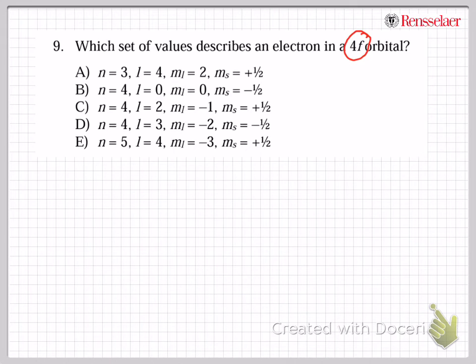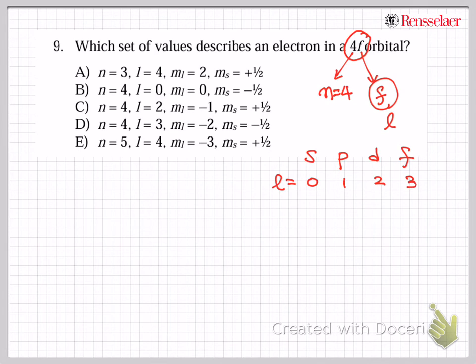When people write 4f, 4 means n is 4, and f represents the angular quantum number, which is called l, and there is a notation s, p, d, f for l is 0, 1, 2, 3. So in this case, l is 3 here.